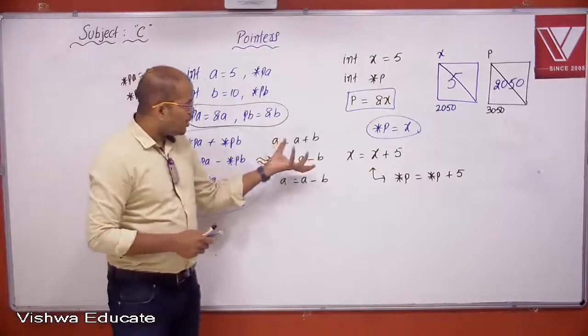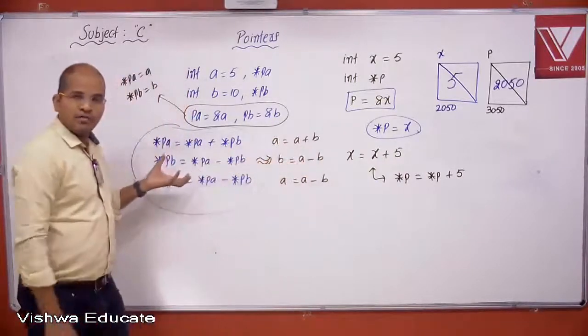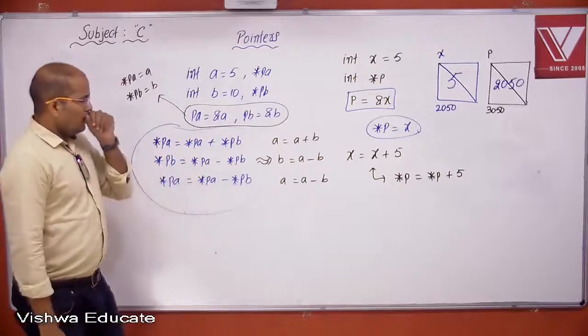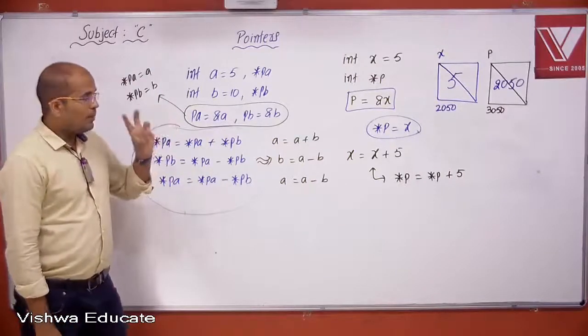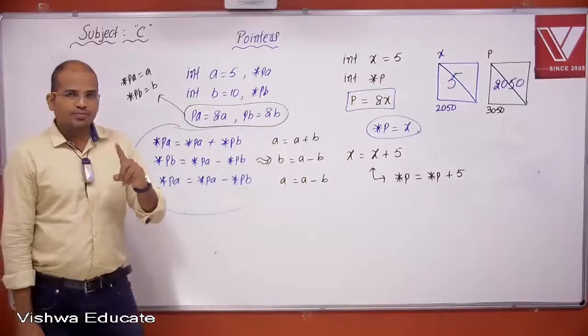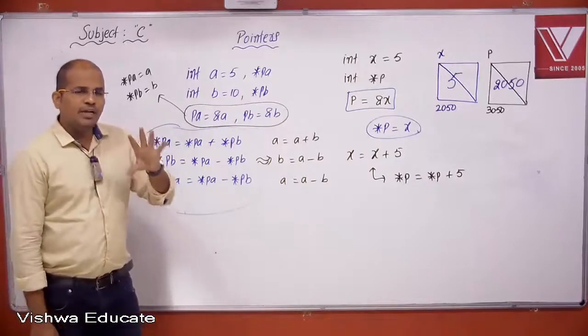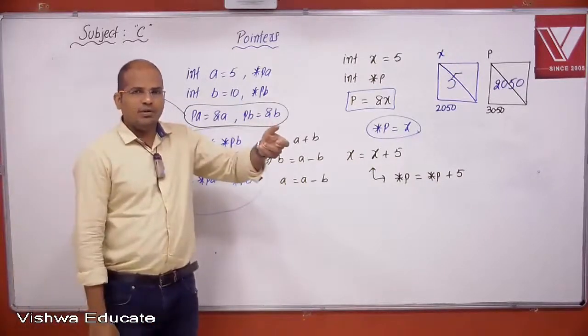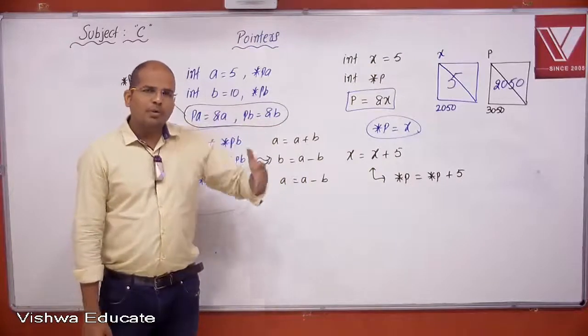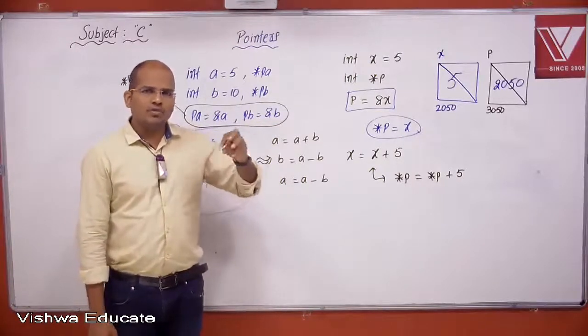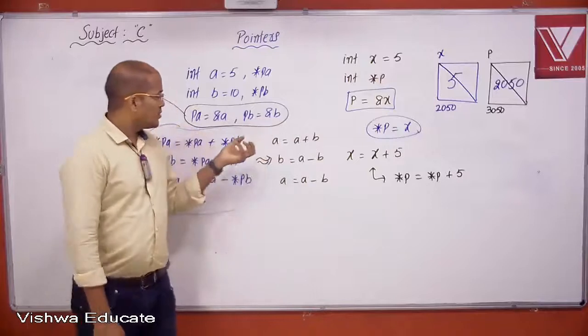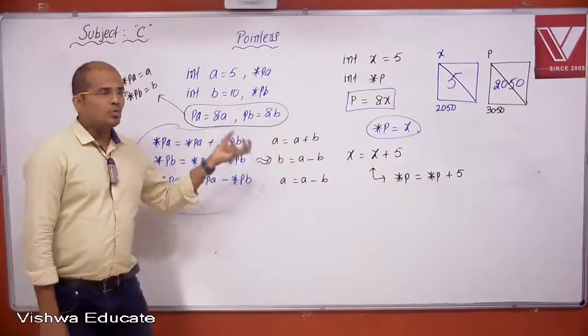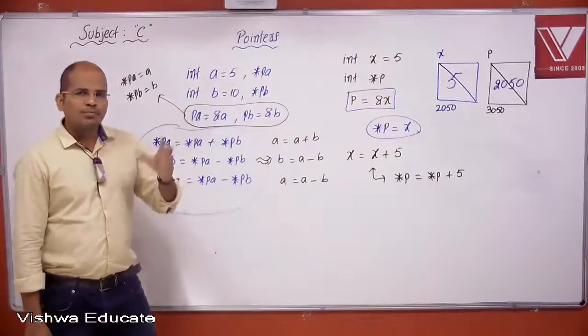This will not make you feel weird, but the earlier one will make you feel weird, right? So whenever a pointer variable is given to you, try to identify its associated regular variable, and while problem solving, try to switch the pointer variable with its respective regular variable so that the problem solving becomes easier.